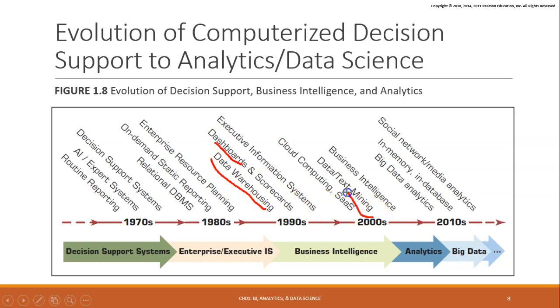And then in the 2000s is when we started looking at text mining and cloud computing. And we know that these types of tools are available today. It's starting to become really big. And in 2010, we're looking at big data analytics, in-memory processing, in-database processing, and also social network analysis. So there are a lot of areas where decision support is starting to grow.